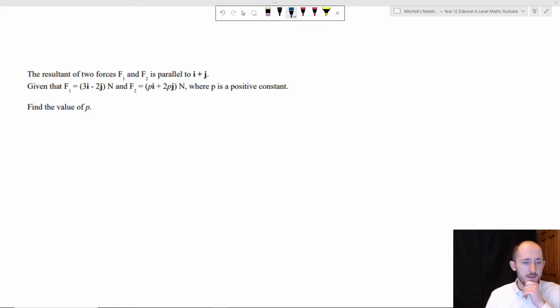Okay, with this one, it's a bit more interesting. So it said the resultant of two forces F1 and F2 is parallel to i plus j. So if you remember what parallel vectors means, it means that they are the same, however, they've been multiplied by some constant, which I'm just going to call k, because constant starts with a k, of course.